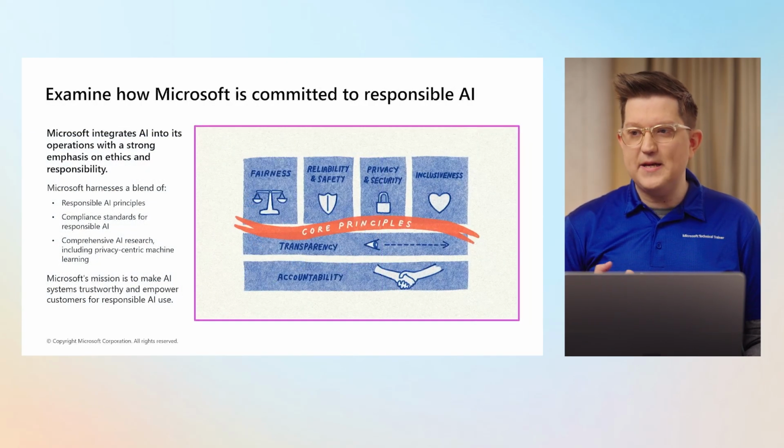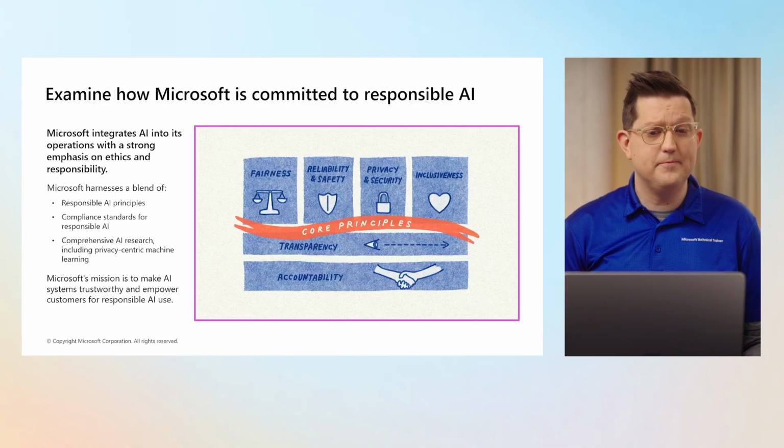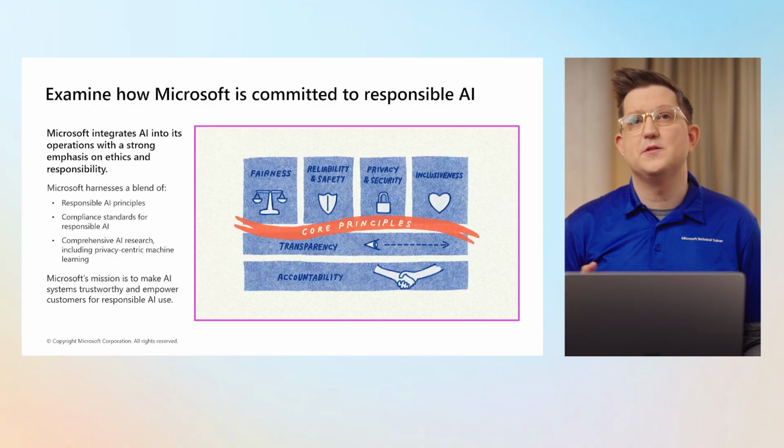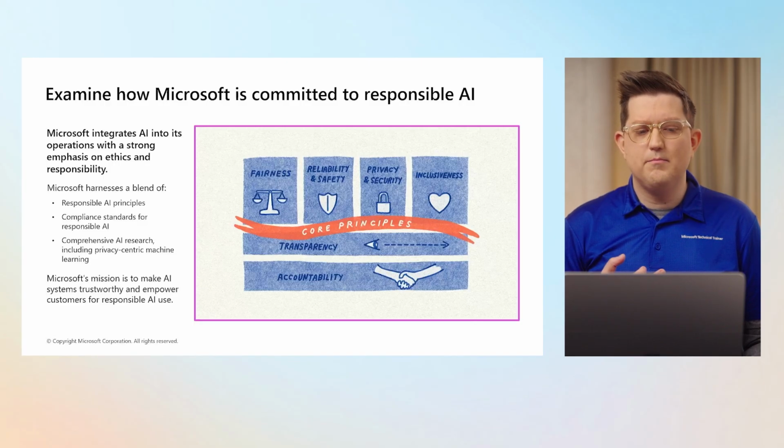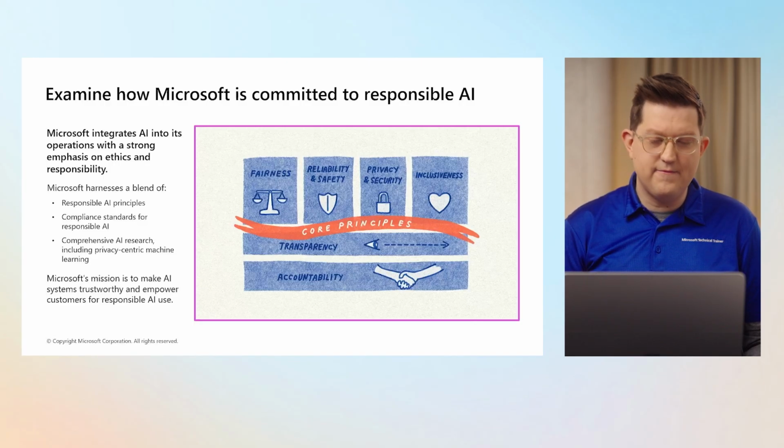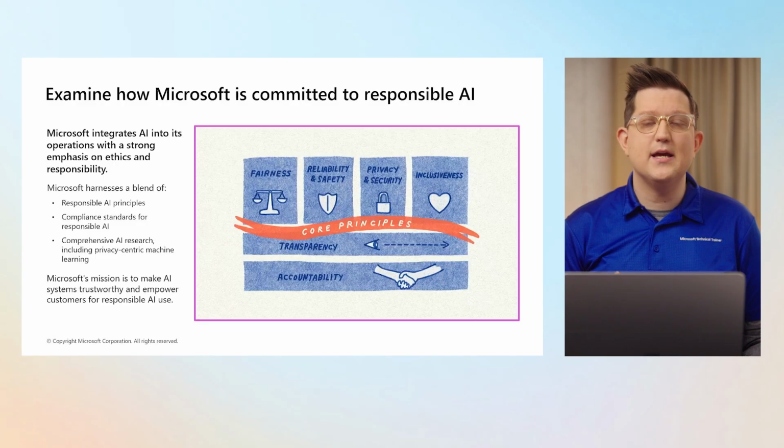The last big piece I want to emphasize here, before I just show you a little bit of Copilot, is I want to talk about our responsible AI. Microsoft has, for a very long time, had a key set of responsible AI principles, and we adhere to them at all times.